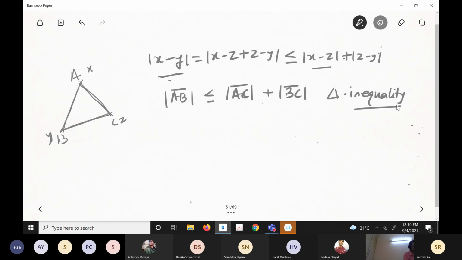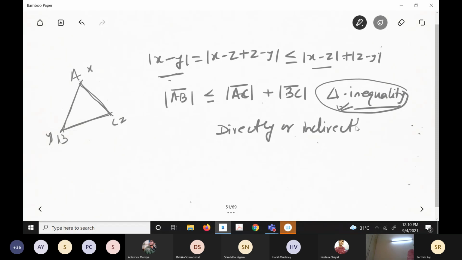Whatever real calculus or analysis you did, you go back to your proofs, and you will see that for any good result, you must have used the triangle inequality. If you have not used it, then it is not a good result. If you have not used it directly, then you are using another result in which the triangle inequality is used, so directly or indirectly you will be using it.